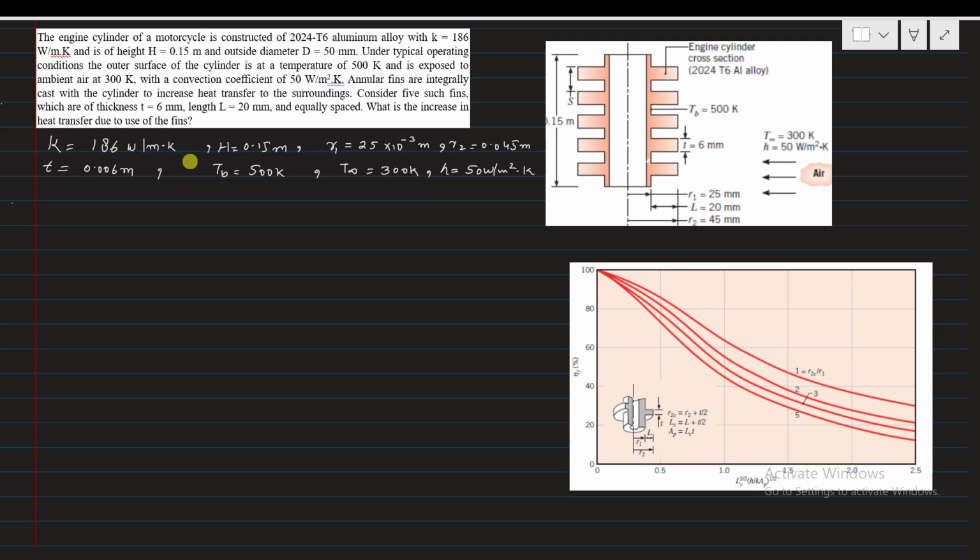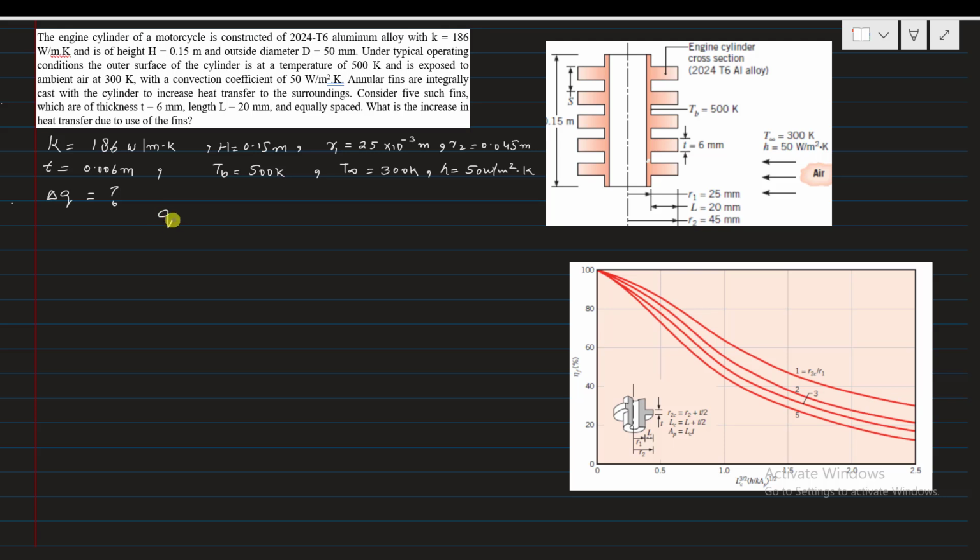So we need to find the increase in heat transfer due to the use of the fins. So what type of increase in heat transfer has occurred? This delta Q represents the increase in heat transfer due to the use of these fins attached to the cylinder of the bike engine.